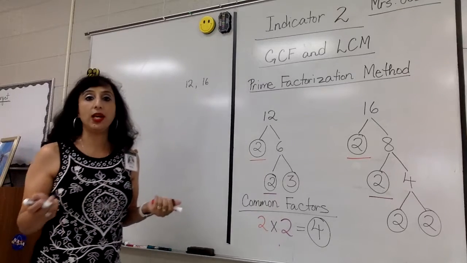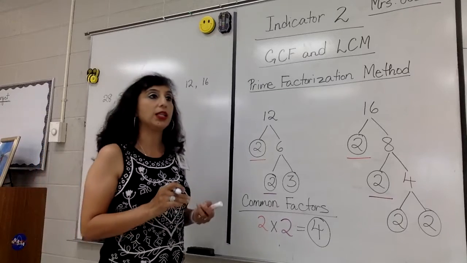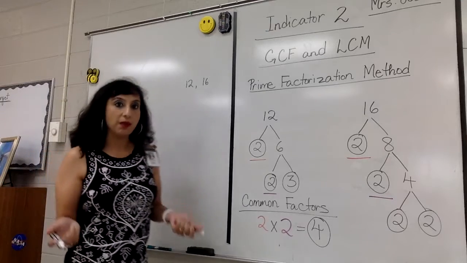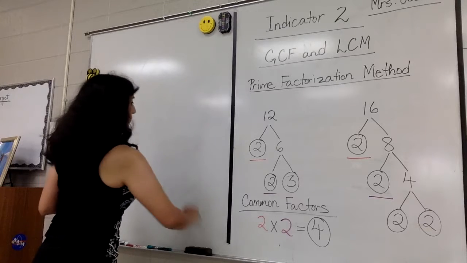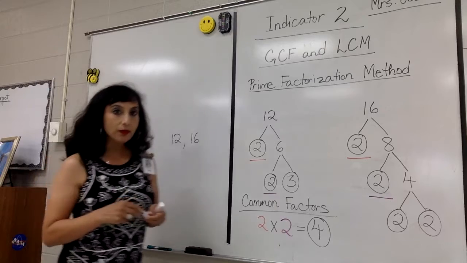So my favorite method, you can call it Miss Joshi's method. I don't care which method you call it, or you can call it the upside down cake method, whatever suits you. So I have 12 and I have 16.